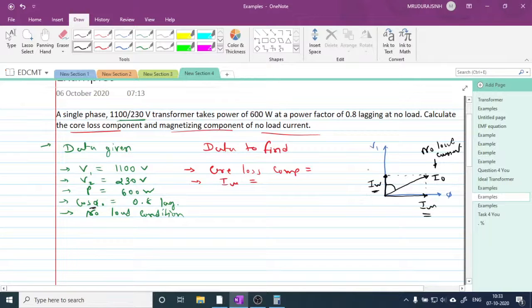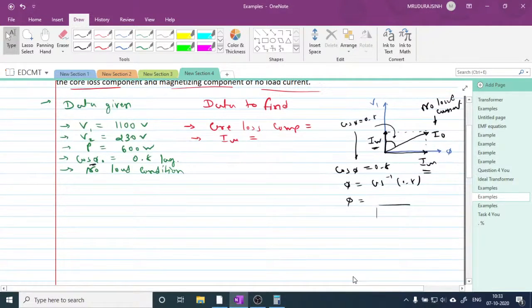So cos phi, the cosine of the angle between these two, is 0.8. If you want to calculate this angle, you can do it using this method. Cos phi is equal to 0.8, so phi is equal to cos inverse of 0.8. Now I am leaving this up to you: how much is the phi angle, please tell me. And from this I will write sin phi, directly calculating on my mobile.